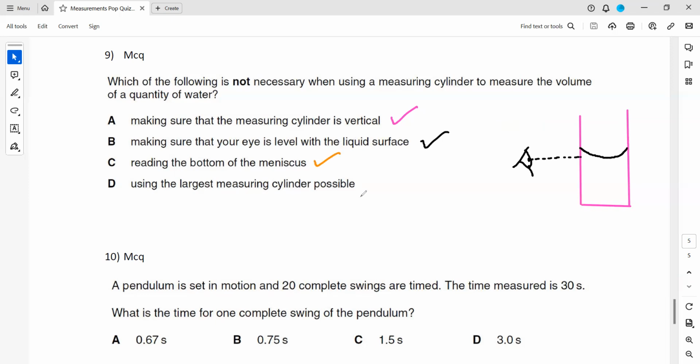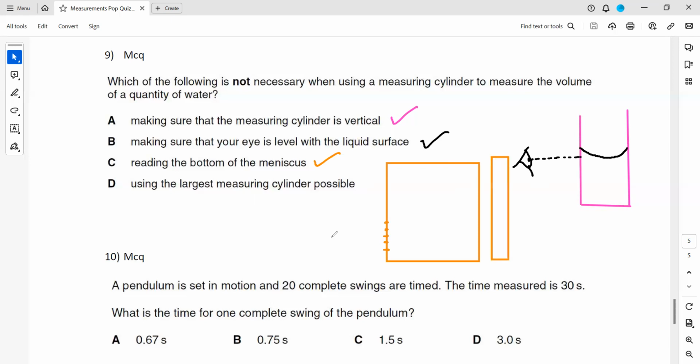Use as large a measuring cylinder as possible. If you use a large measuring cylinder, it won't be that accurate because the labels will have close spacing, so the levels will be closer. It won't be as accurate as a small measuring cylinder.